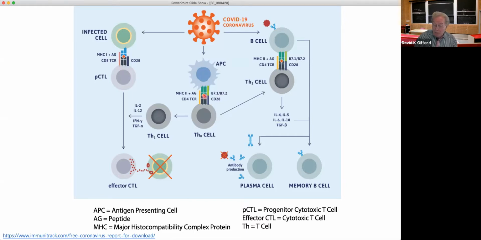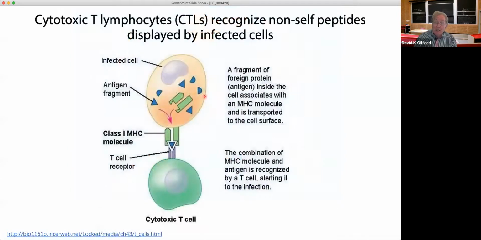And one nice property of the CD8 cells is they can actually provide sterilizing immunity. That means that as they patrol our bodies, they can recognize infected cells, and the ones that actually are displaying these viral peptides can be killed by the cytotoxic T cells. So this kind of response is important for durable immunity.